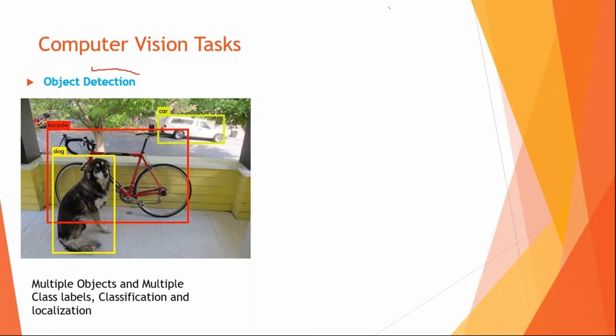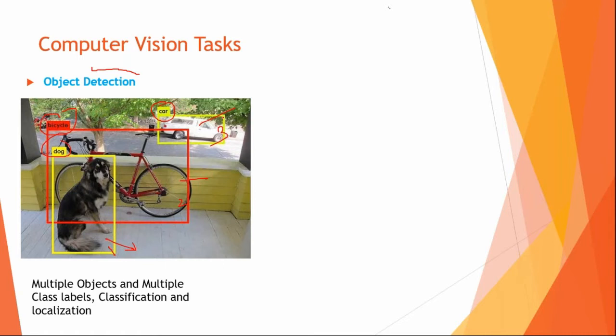Basically there were multiple objects, 1, 2, 3. There were 3 different objects, and all you have to do is draw a bounding box on top of these objects and classify them. For example, dog, car, and cat. This region belongs to the dog, this one belongs to the bicycle, and this one belongs to the car.